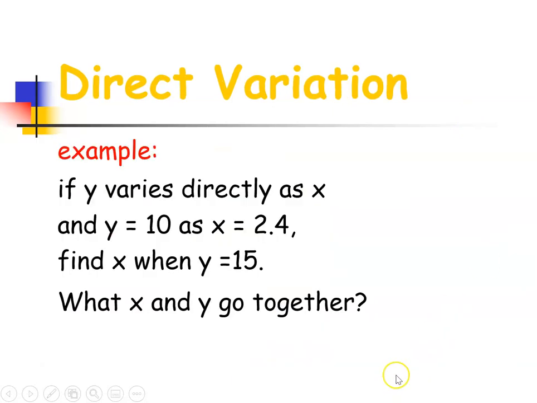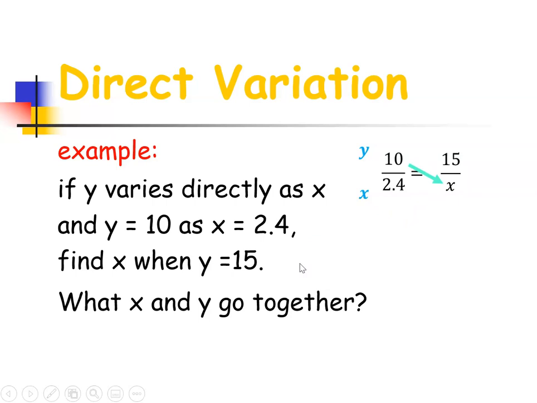So let's do an example. If y varies directly as x and y is 10 when x is 2.4, right now I'm going to write it down and label it. y is 10 when x is 2.4. Find x when y is 15. So y goes on the top on my second one, 15 over x. When I cross multiply, I'm going to do the 10 times x first because I want that x on the left.